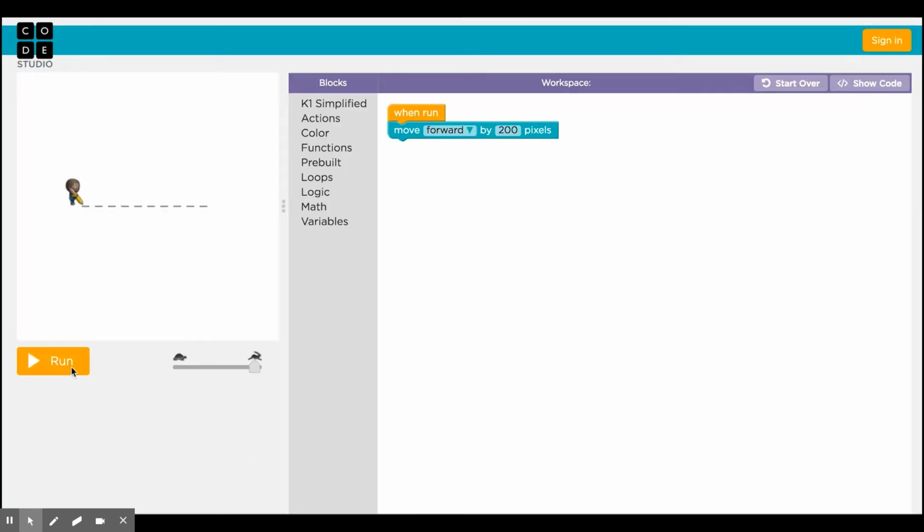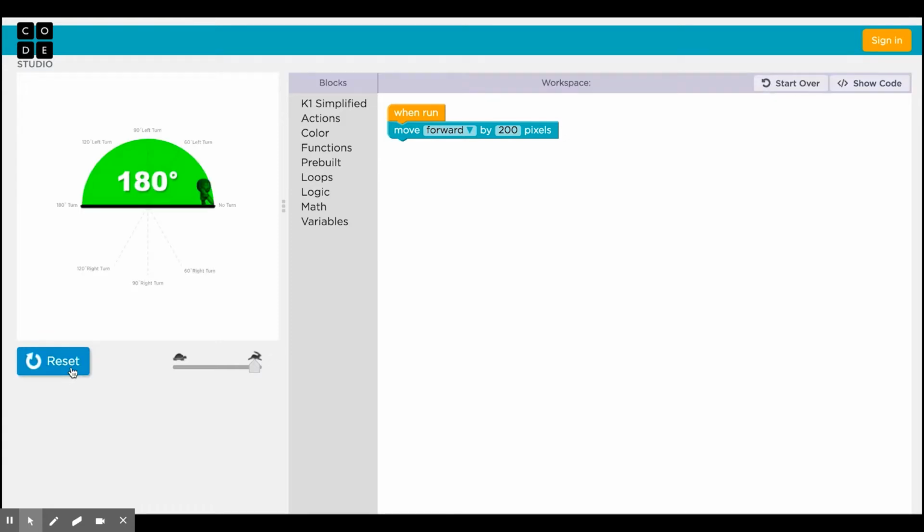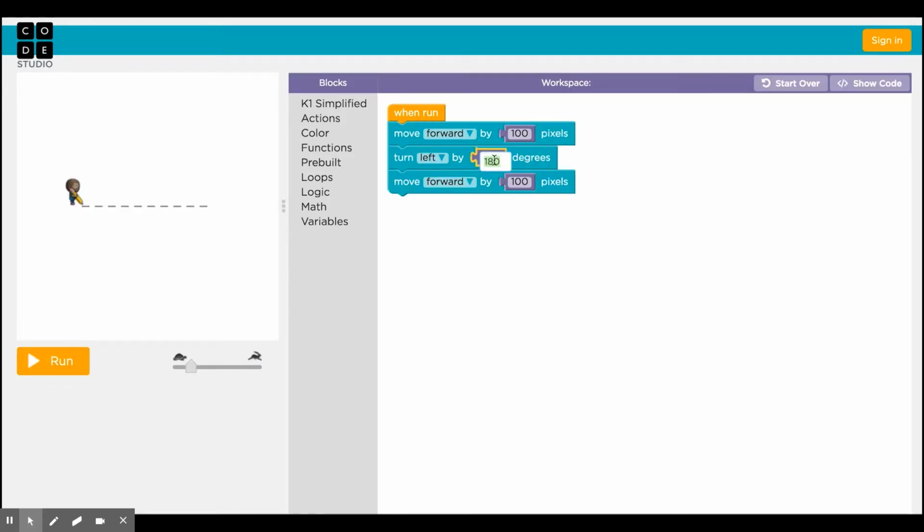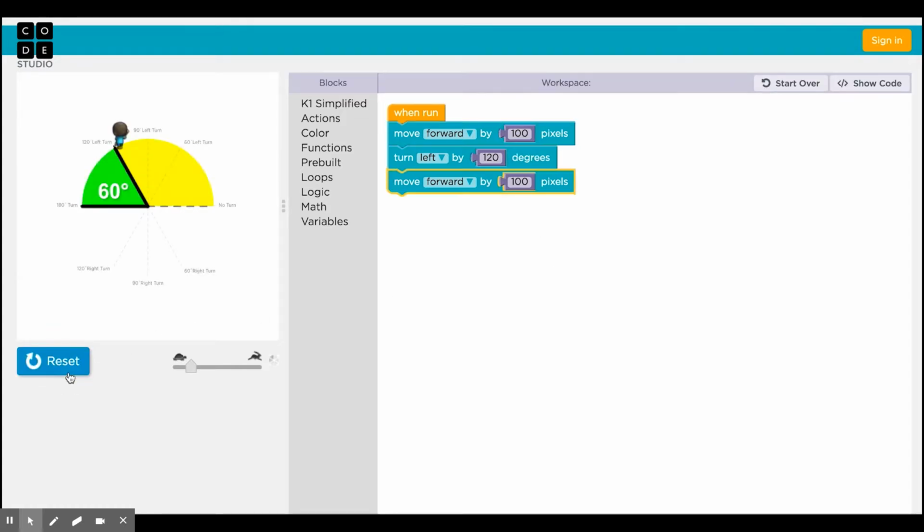When you draw a line, if the artist makes no turn, he draws a 180-degree angle. If you want an angle in your shape that's less than 180 degrees, then you need to make your artist turn. If you want to make a shape with a 60-degree angle, then your artist needs to turn 120 degrees.